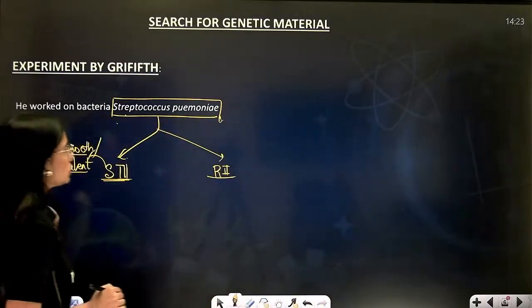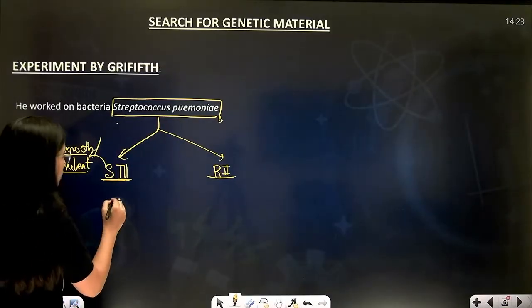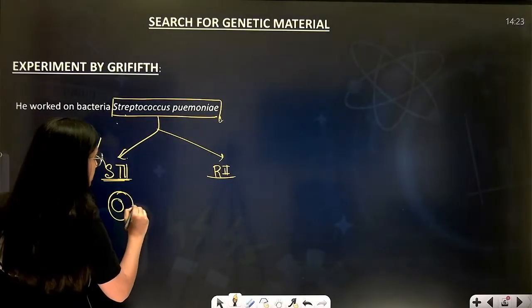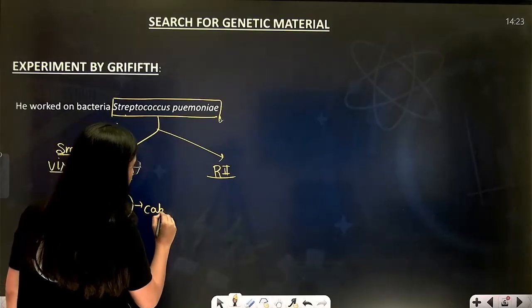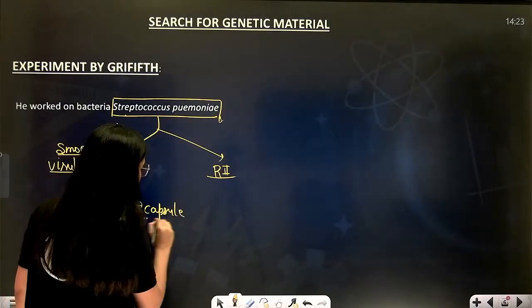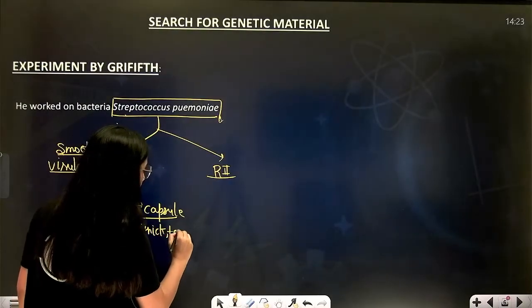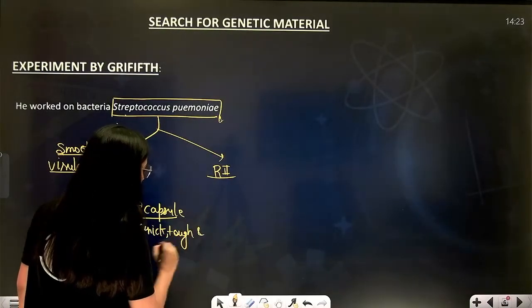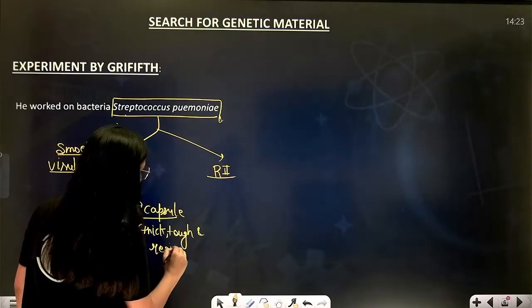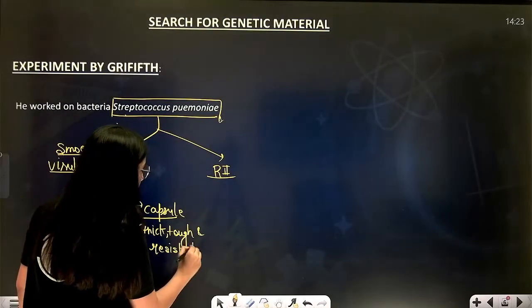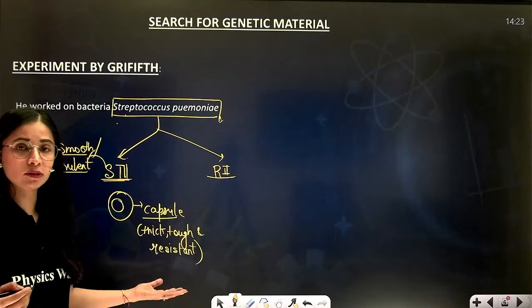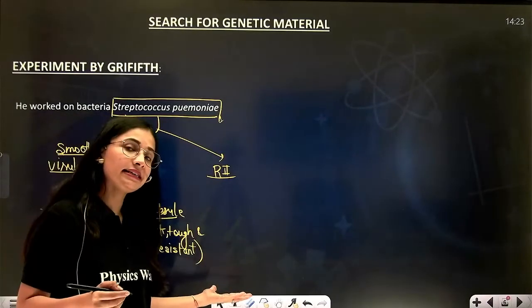Smooth is basically the virulent strain whose outermost layer is the capsule, a thick, tough and resistant layer. Hence, they are not recognized by the immune system and they cause disease in the host body.